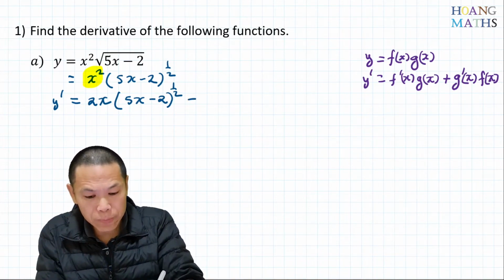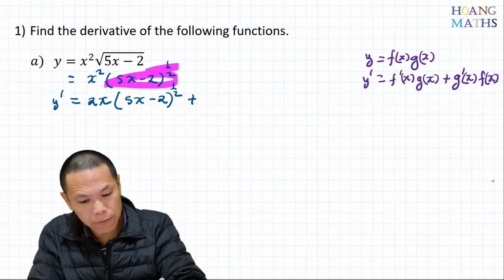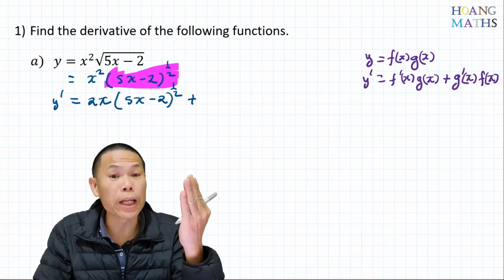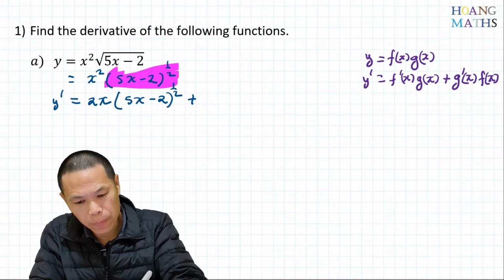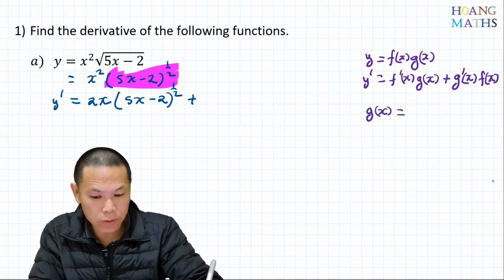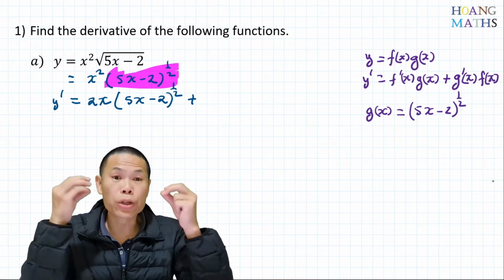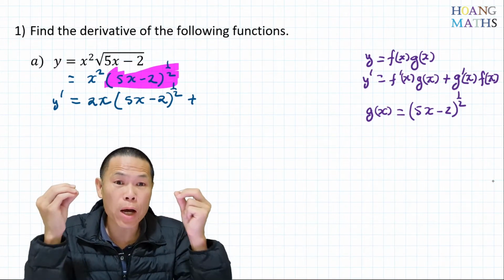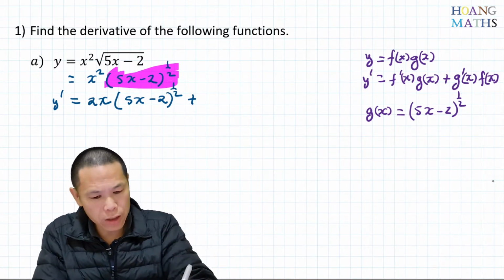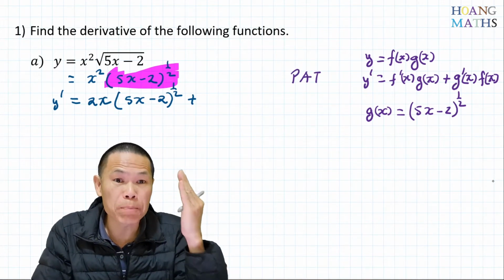So we differentiate the second function. This is the second function, so we need to differentiate this. Let me write this down: g of x is equal to 5x minus 2 to the power of a half. To differentiate this, we use the power angle trick. First thing is we differentiate the power first.